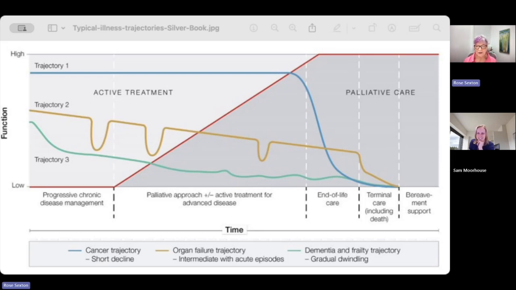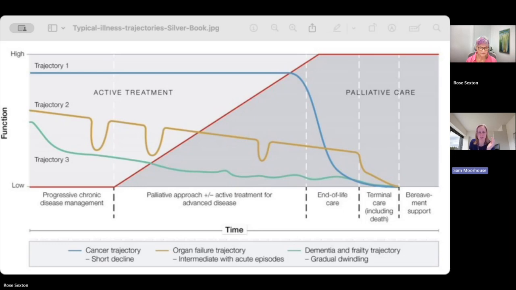In aged care, we mostly see the third and fourth one, so the orange and the green line. If you only remember one thing from this video, remember that the third trajectory, or trajectory 2 as it's labeled on this graph, is what we call the sawtooth trajectory.